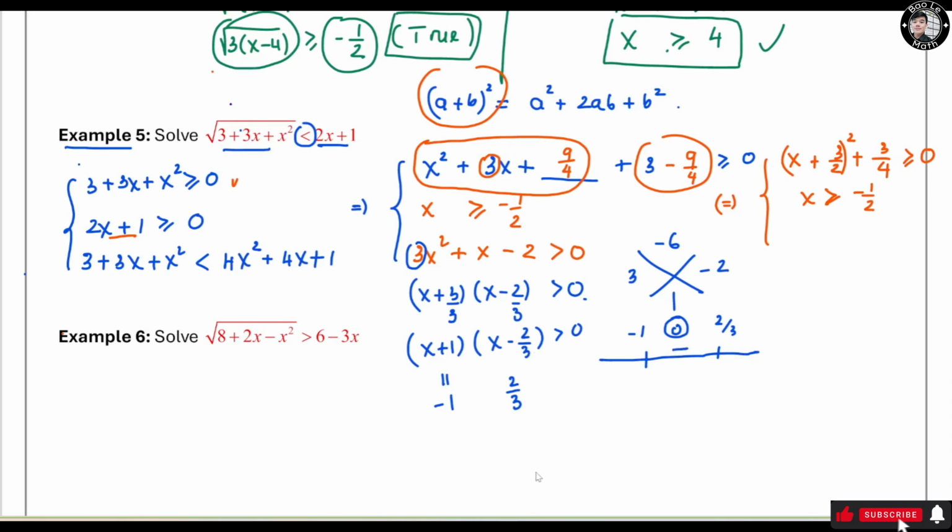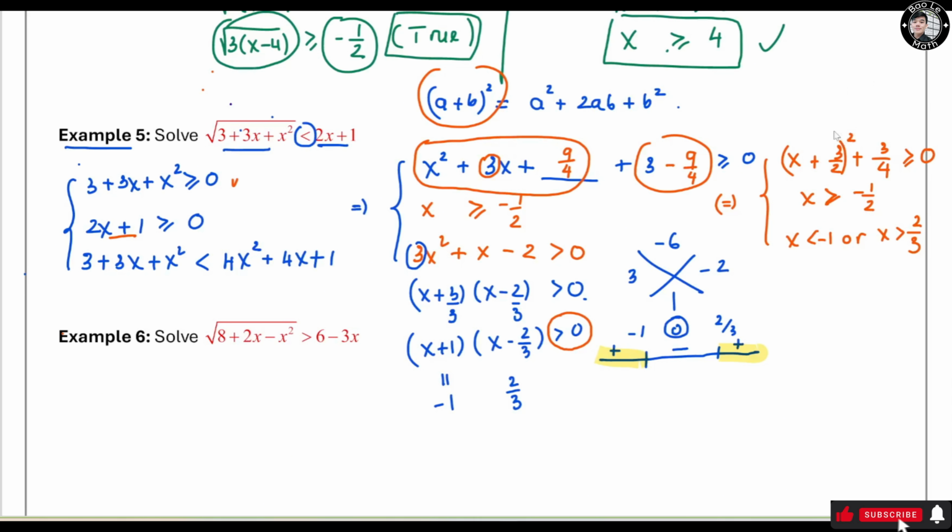So this interval is negative, and you keep changing the sign, so this is positive and this is positive, right? Now you need the inequality greater than 0, right? So the interval should be from here to here and from here to here, right? So it's going to be s less than negative 1 or s greater than 2 thirds, right?